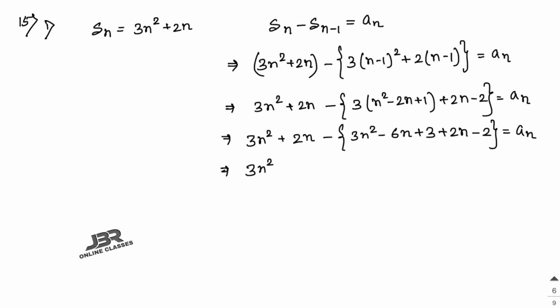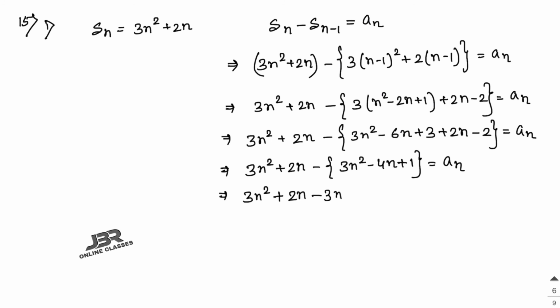So 3n square plus 2n, then minus 3n square plus 4n minus 1 equal to An. So 3n square cancels out, 4n plus 2n is 6n minus 1 equal to An. That means the general term An is 6n minus 1.